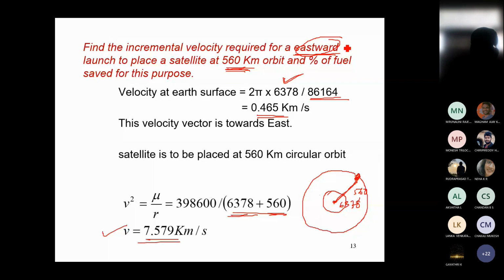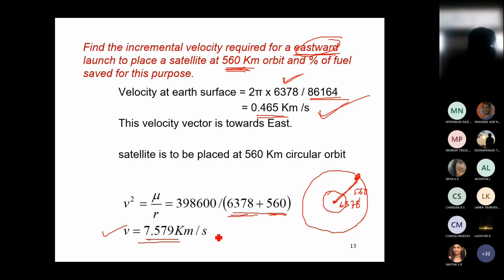So by default, the velocity at which our Earth is rotating is a default velocity that the satellite is gaining. Even if the satellite is not launched and is just kept on the launch pad, the default velocity which it attains is equal to this value.